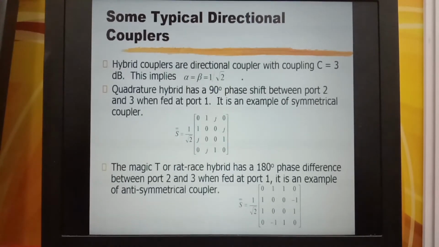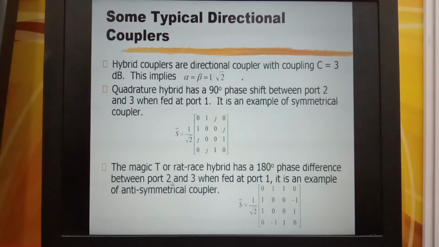There are two types of hybrid couplers. One hybrid coupler is called the quadrature hybrid. Another one is called the magic T or rat race hybrid. In the case of quadrature hybrid, the output at port 2 and port 3 has the same power, but the phase difference is 90 degrees.